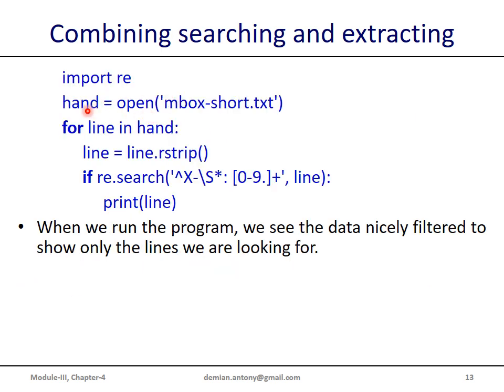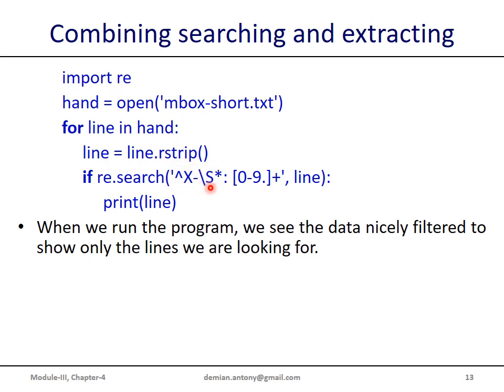Here is the program. We read the file in read mode, then for each line present in the file, we try to search for a pattern like this. The pattern X colon should start from the beginning of the line.